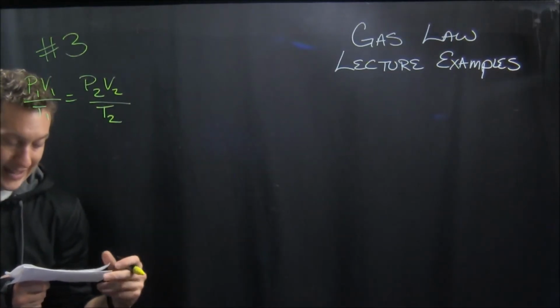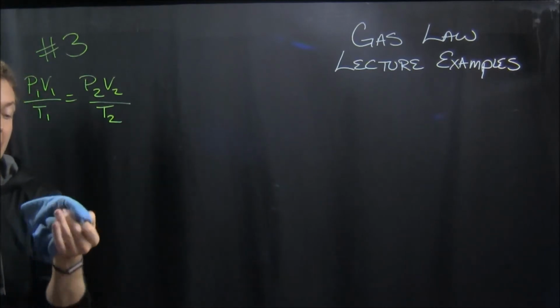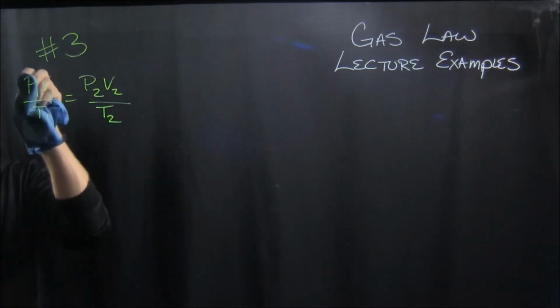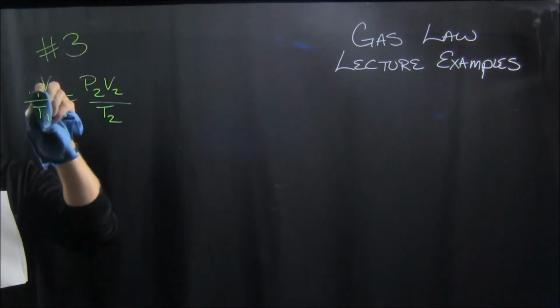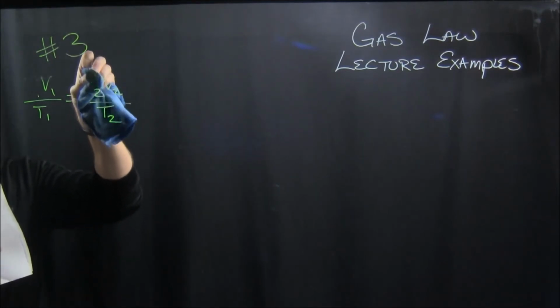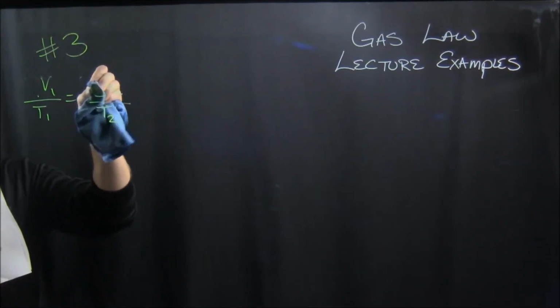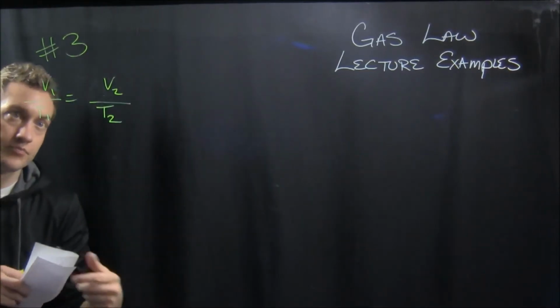Now, since it says that the pressure is constant, I do not have to concern myself with pressure, so I am going to go ahead and eliminate that from the problem, because it is not going to influence the other variables.